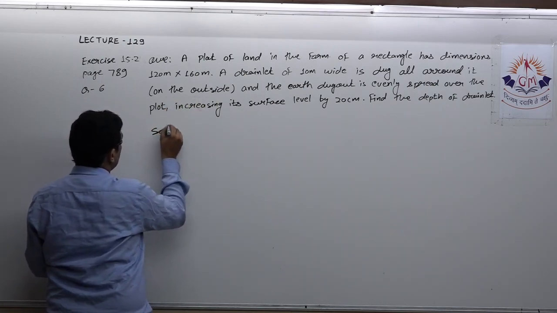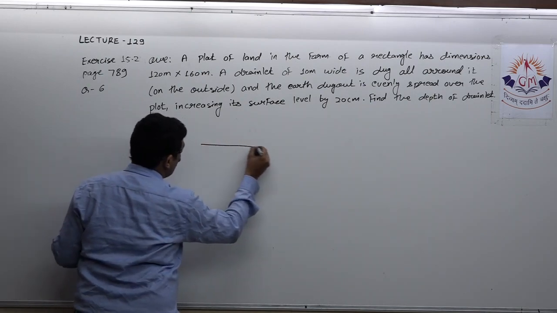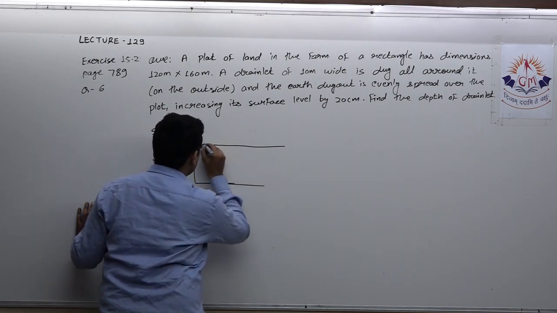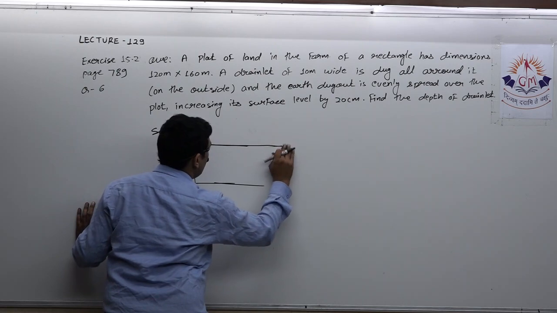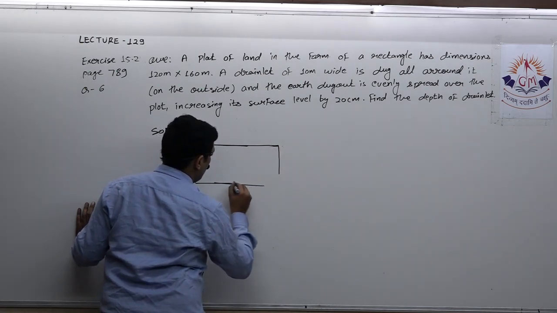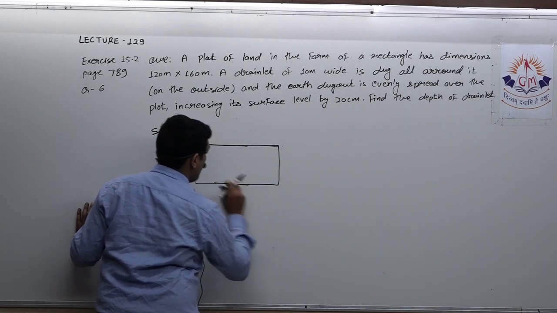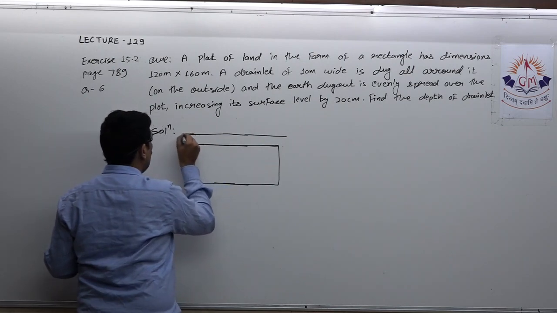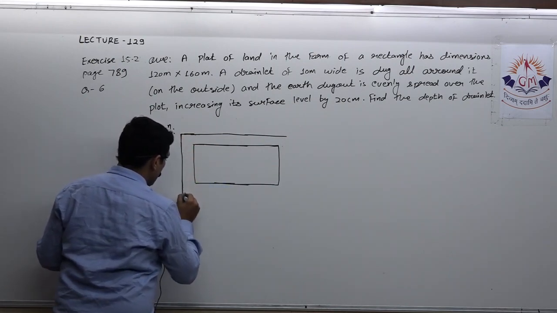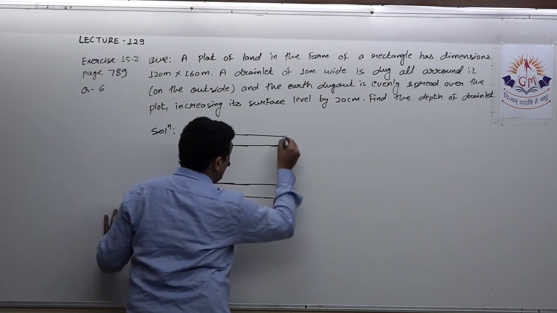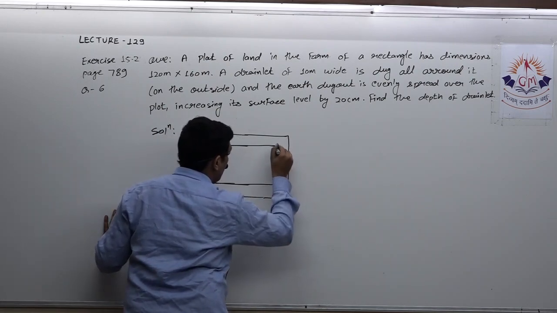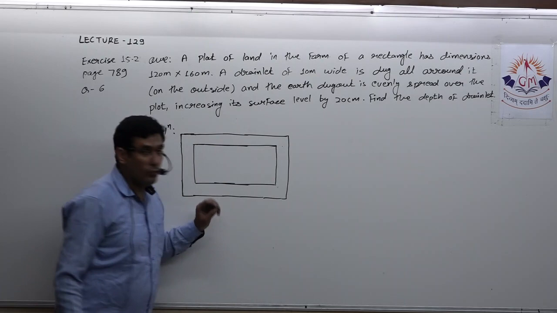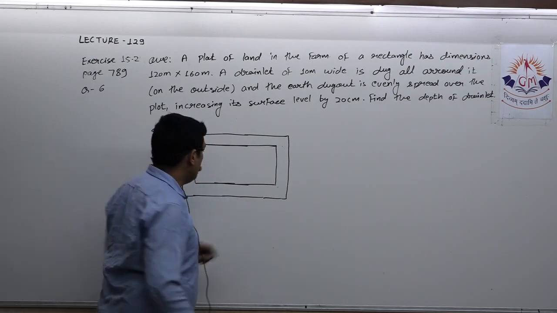So suppose this is the plot, for a while I am considering this is the rectangular plot, and this is the drainlet which is dug all around it. The earth which is taken out by digging this drainlet is spread all over this plot. So we have to find the depth of the drainlet.